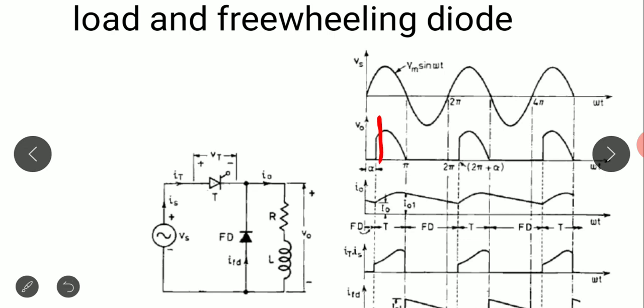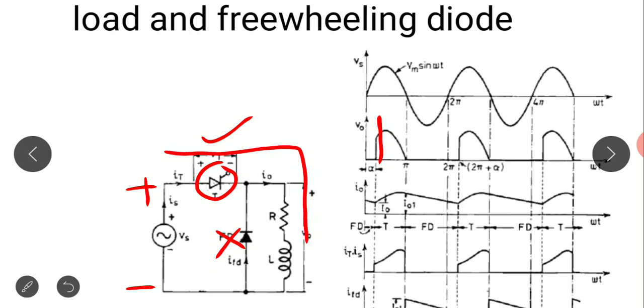Starting from omega t is equal to alpha, we know that the SCR is now in conduction mode. This is conducting, and since the supply is positive, therefore this freewheeling diode is reverse biased. That means current will flow from supply to the load.